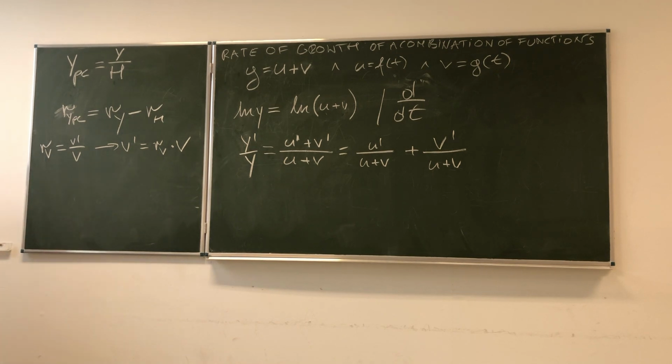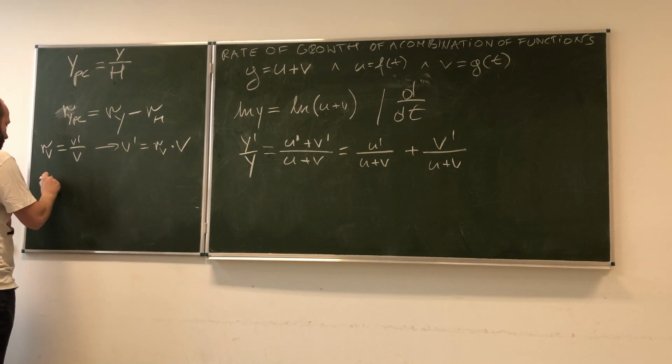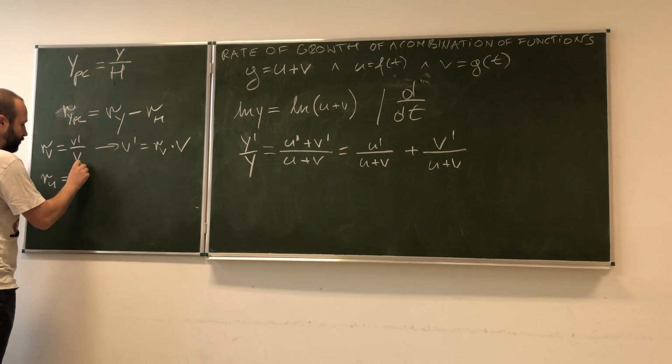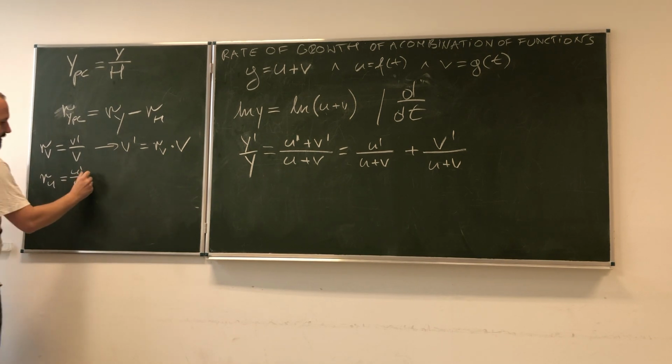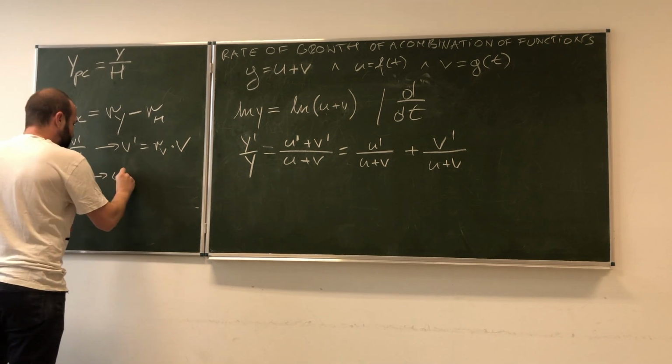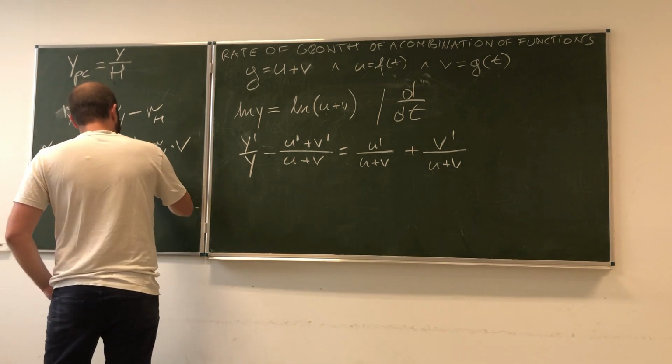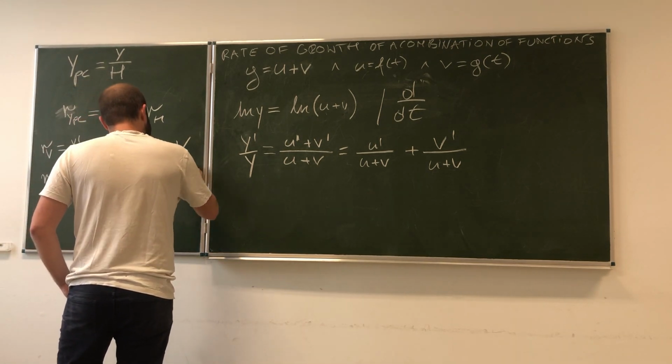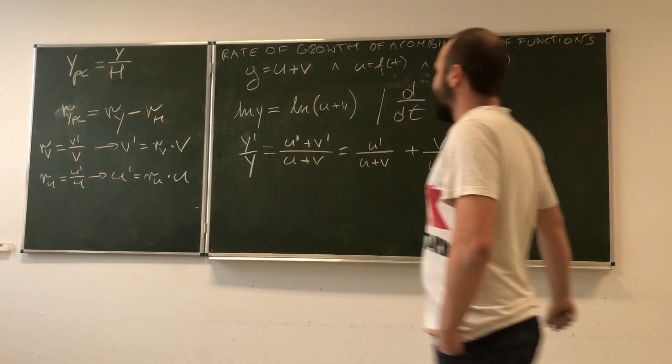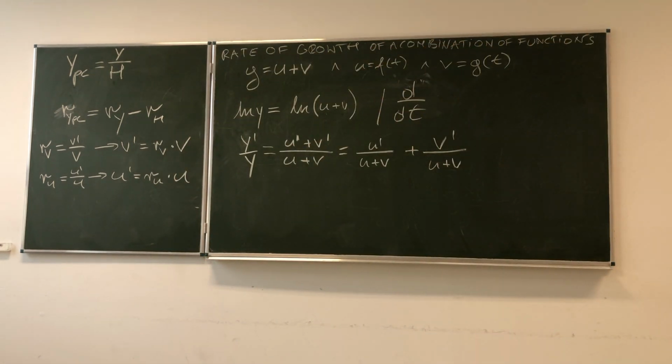By the same token, if the growth rate of u is given by u prime over u, this implies that u prime is equal to the growth rate of u times u.